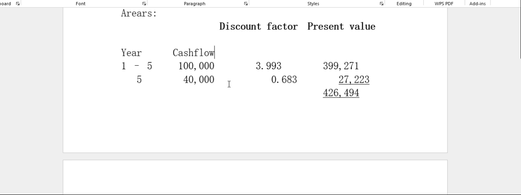Under years 1 to 5, the cash flow is 100,000, and this factor is 3.993.